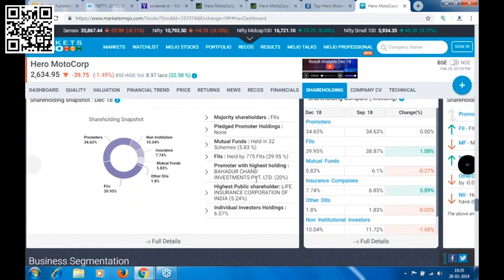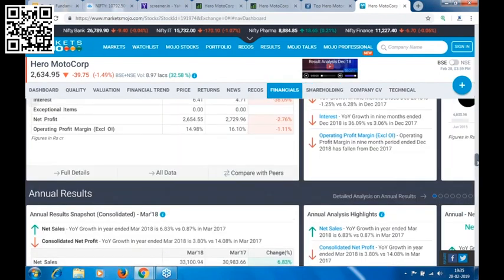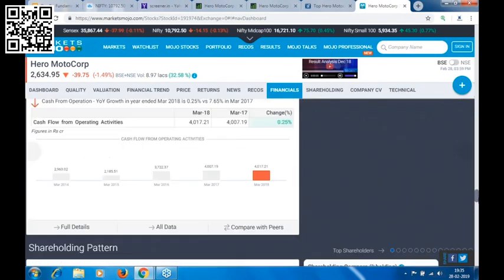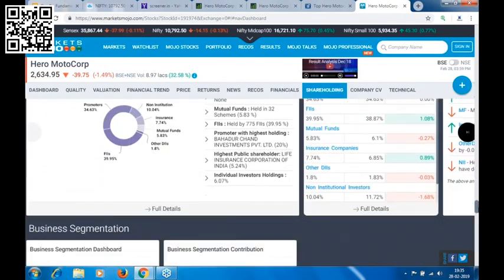This gives you a breakup of everything. It gives you the name of the promoter with the highest holding, highest public shareholder. Cash flow it gives you.